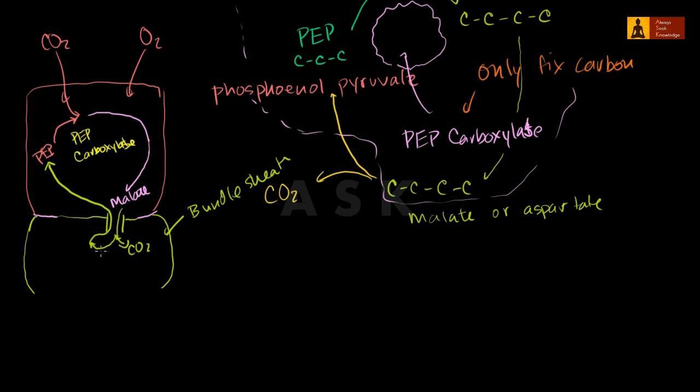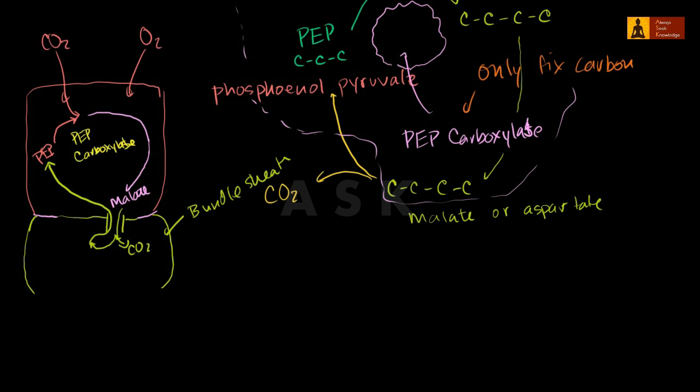So the whole value here is that in the bundle sheath cell, I have an environment that only has carbon dioxide. I have no oxygen here. I was able to essentially select for the carbon dioxide outside, closer to the air in the mesophyll cell. And now that I'm deeper within the plant, I'm in an environment that only has CO2 because I've already selected for it.